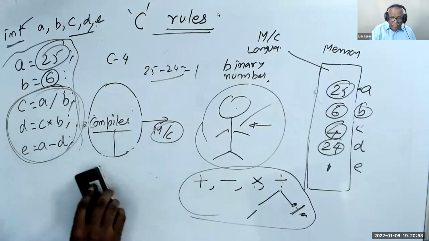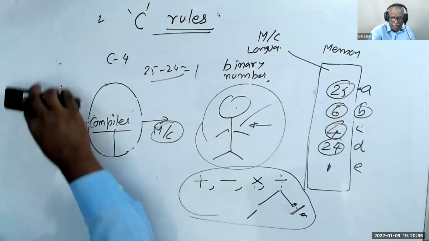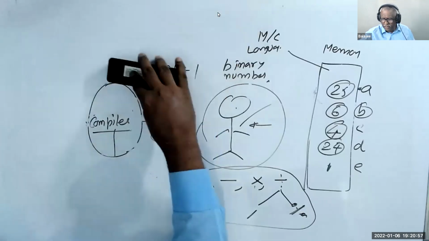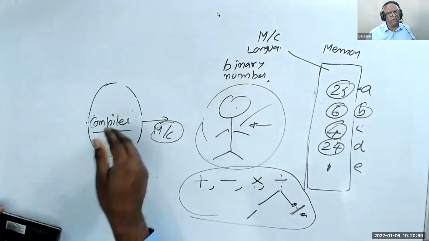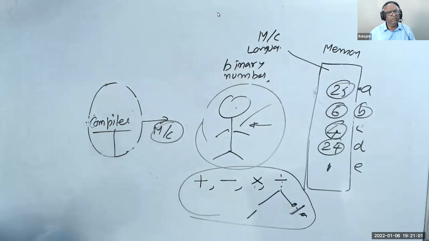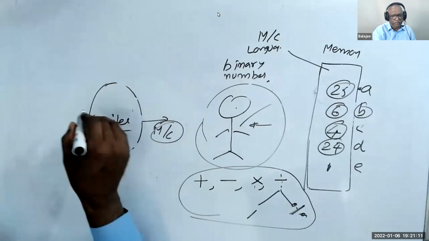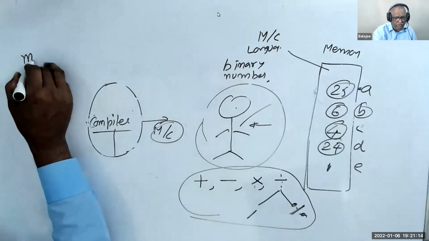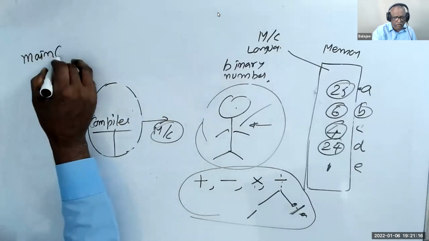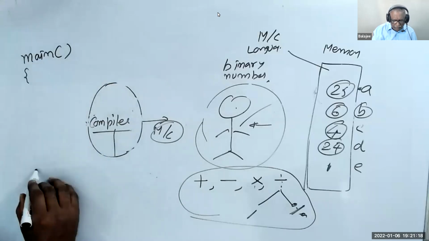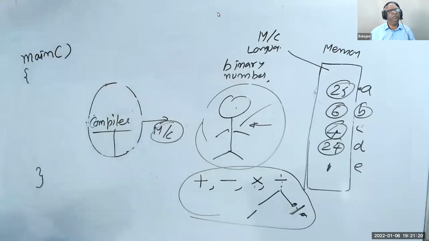Okay. Here is a problem. What you have written is a program, but our compiler, who is a translator, needs some extra information. That extra information is that he always starts with a name called main.